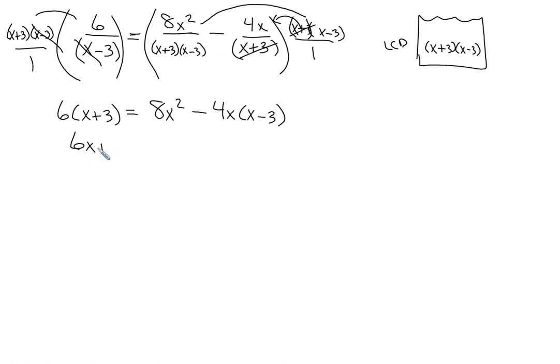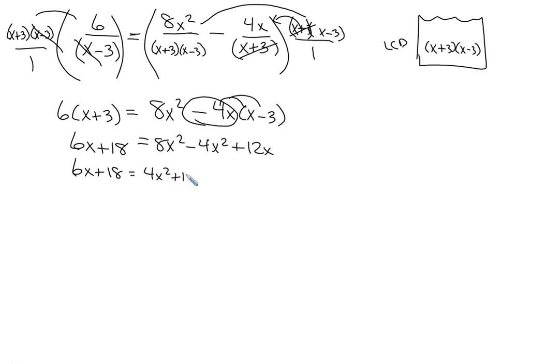Now we can distribute. 6x plus 18 is equal to 8x squared minus 4x squared plus 12x. Remember, we're distributing the negative along with the 4x. So 6x plus 18 equals 4x squared plus 12x. Notice we have x squareds and x's. We're going to want to factor this, which means we need a 0. So subtract this and subtract this.